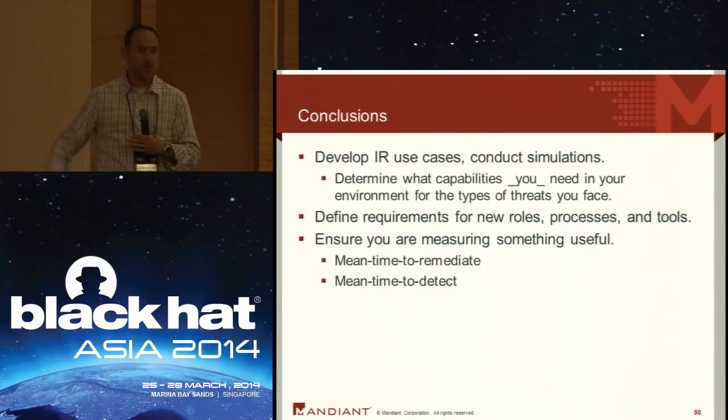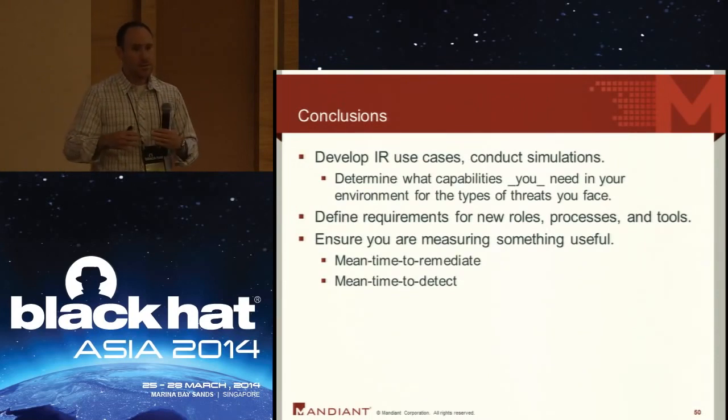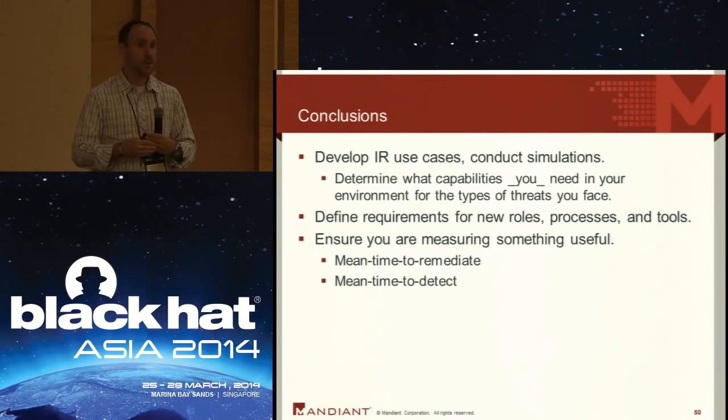Also, as a final thought that I had as I was writing the white paper, in the really big picture of this, I would make sure that from an IR perspective you're monitoring and capturing metrics that are useful to measure how your program is improving, as well as help you get support for getting some of these additional capabilities.